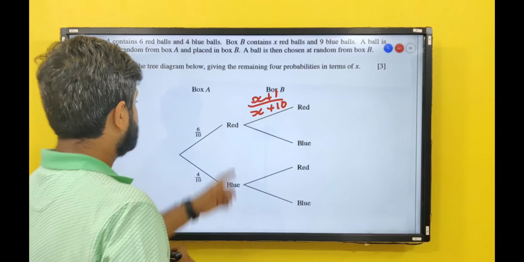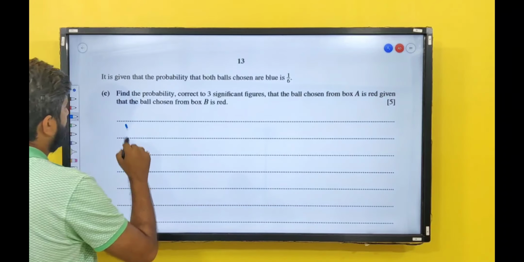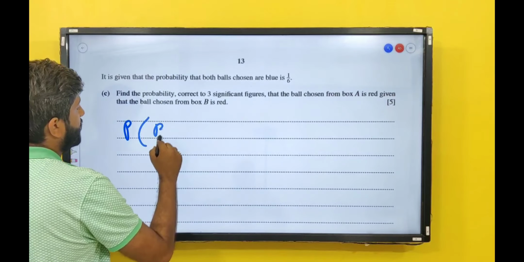Next, it is given that the probability that both balls chosen are blue is 1 by 6. Find the probability, to 3 significant figures, that the ball chosen from box A is red, given the ball chosen from box B is also red. So obviously this is going to be the probability of box A red intersection box B red upon the probability of getting red.